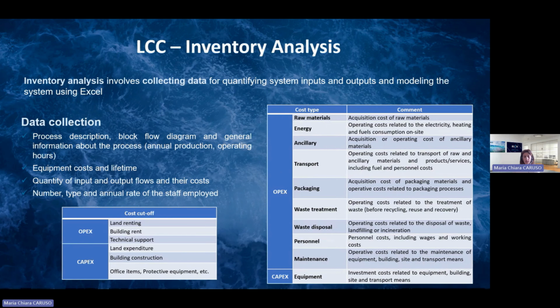Once we have the cost and the quantity of raw materials, the cost and the quantity of thermal energy and electrical energy, and also the annual production of the product, the lifetime, the investment cost, for example for the machinery, and the lifetime of the machinery. Also, if we have the man hours for production and maintenance operation, once we have all this data, we can quantify the cost of the product under analysis.